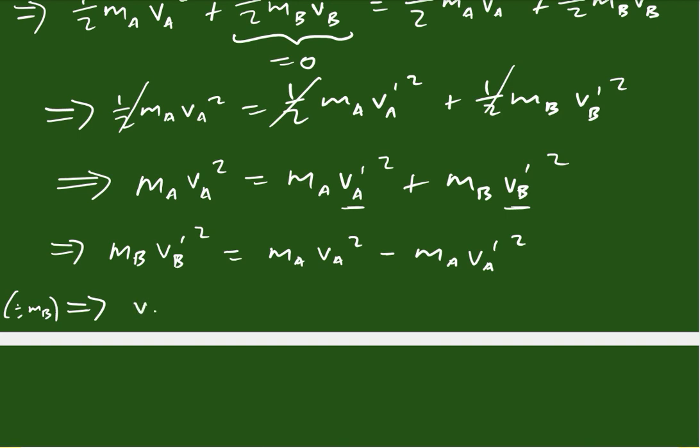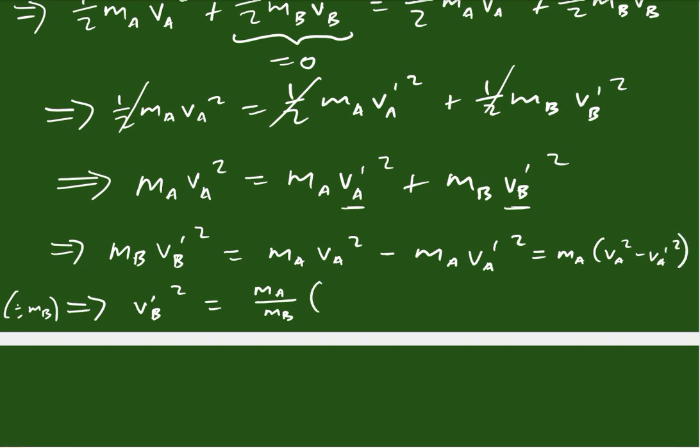So now we get VB prime squared is equal to MA over MB. And just to show that one more step, you can factor out the MA here because it's a common factor. So we have VA squared minus VA prime squared.